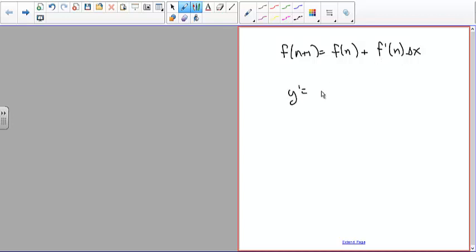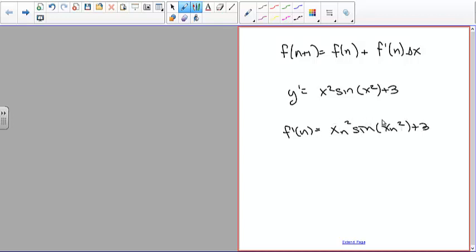We know the value of the function derivative: y prime is equal to x squared sine of x squared plus 3. So when we say f prime of n, we're going to evaluate it at the current value, x sub n squared times sine of x sub n quantity squared plus 3.